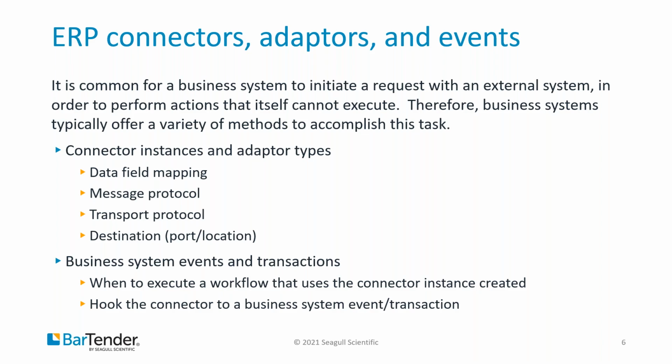And that connector instance, we come to the bottom there, you would then hook up to a particular event in your business system. Or when you want to execute a workflow in the business system, you would tack on that particular connector type so that it will automatically output that data as a message to the external system, being BarTender in this case.